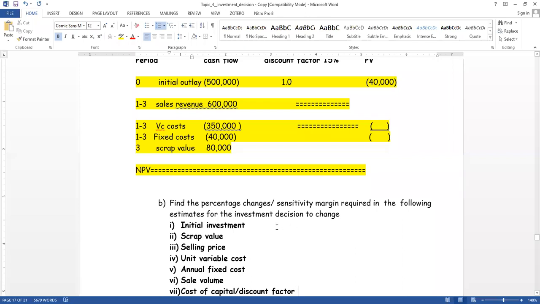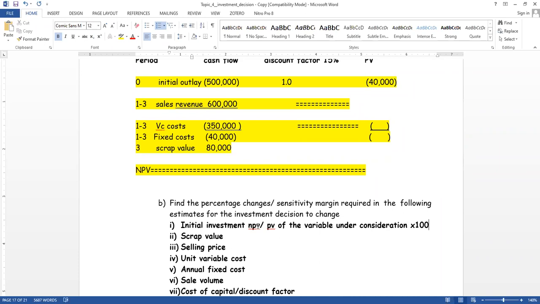Like the way we did for the previous, if you come here to initial investment, to look at the sensitivity, you will get the NPV that you would have gotten above there, you divide by the PV of the variable under consideration, and then you multiply by 100.